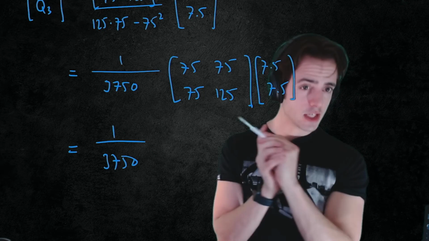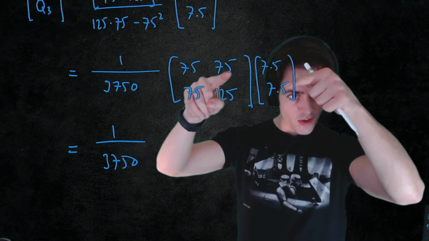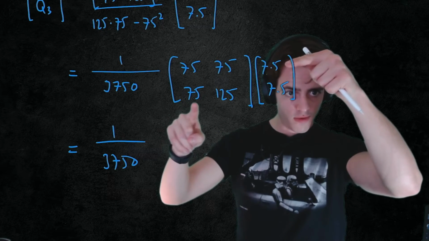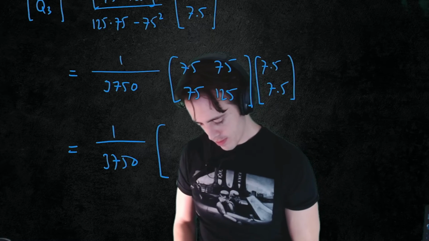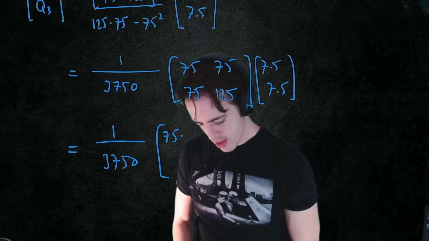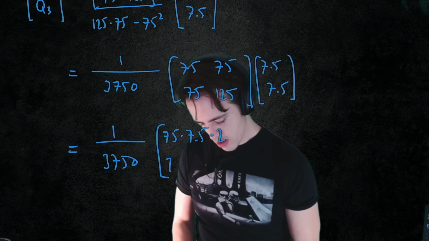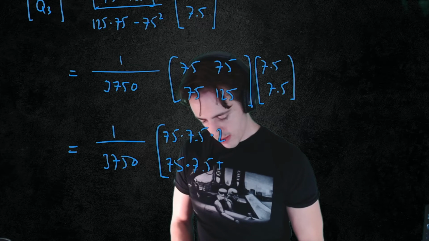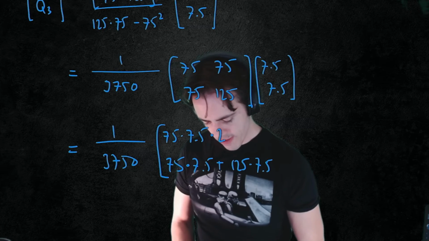So we should expect to get two values out of this. So it's going to be 75 times 7.5 plus 75 times 7.5 in the top one, and then it's going to be 75 times 7.5 plus 125 times 7.5. 75 multiplied by 7.5 multiplied by 2, 75 multiplied by 7.5 plus 125 multiplied by 7.5.